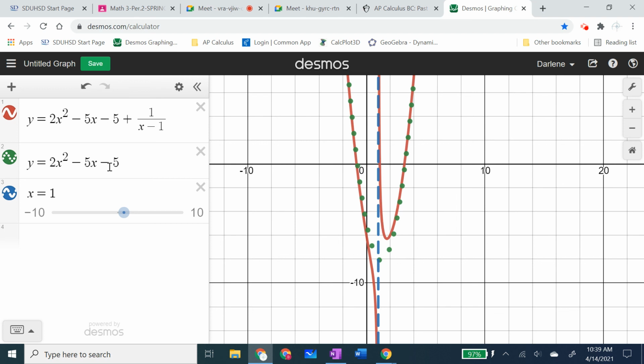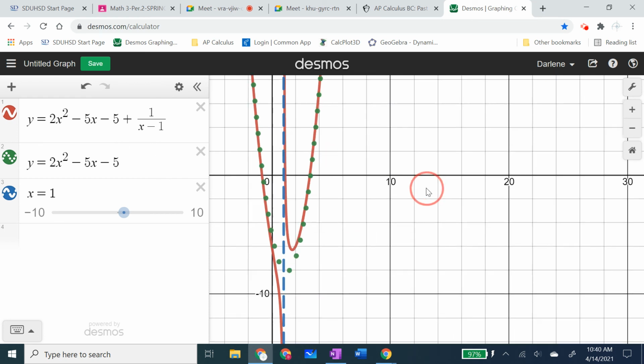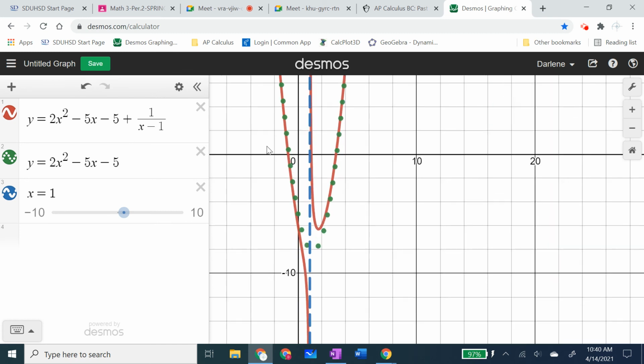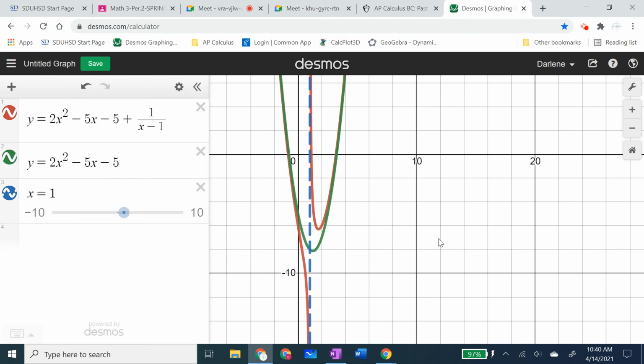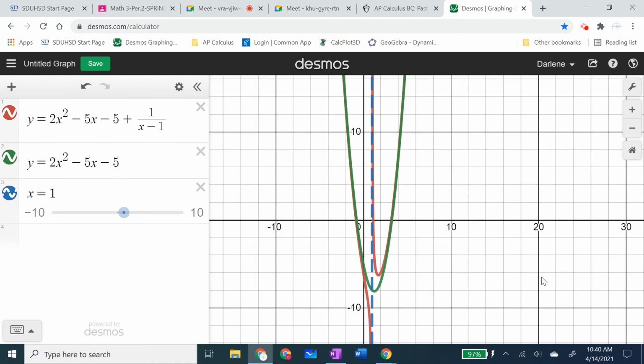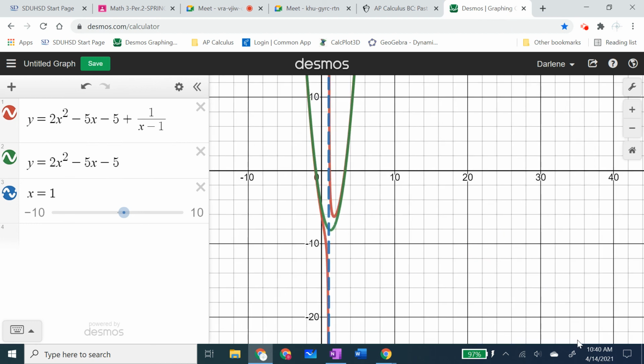I want you to see that when you do that polynomial division, the full polynomial you get out, the graph is actually trying to become that on the far ends. And let me do this so you can see it better. Can you kind of see that? That's interesting to take note of.